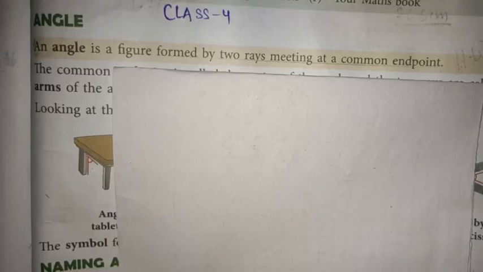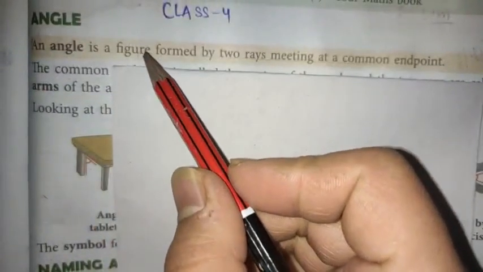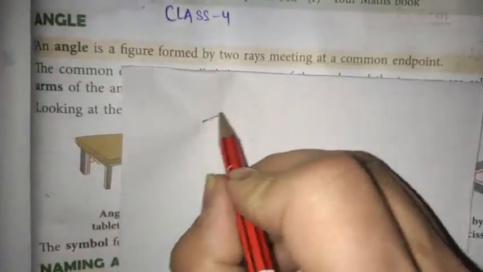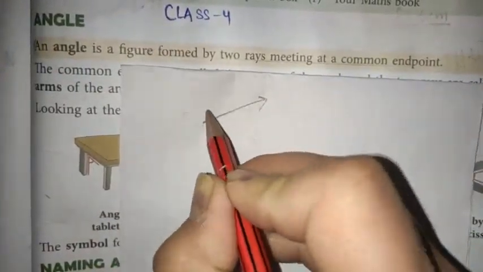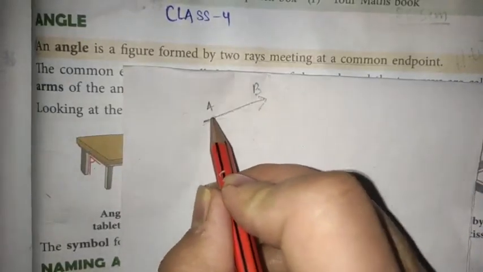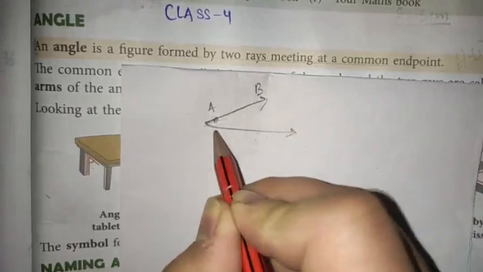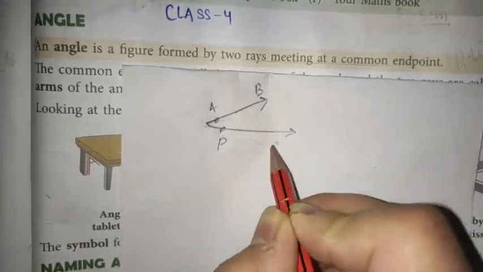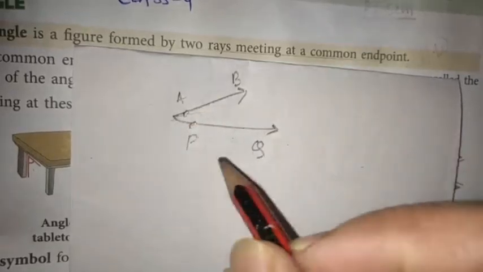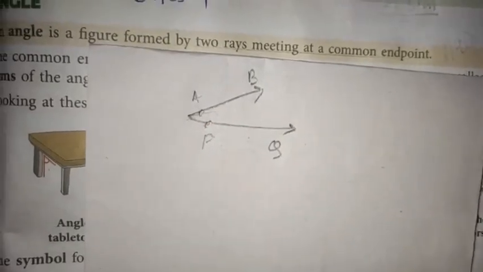An angle is a figure formed by two rays. If I draw one ray here, say its name is AB, and another ray whose name is PQ, a ray can meet in any way. This is one way of meeting.